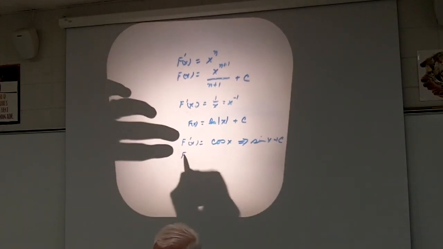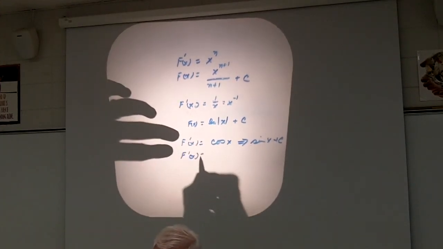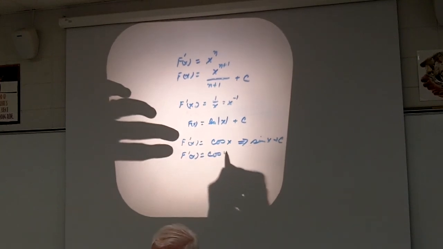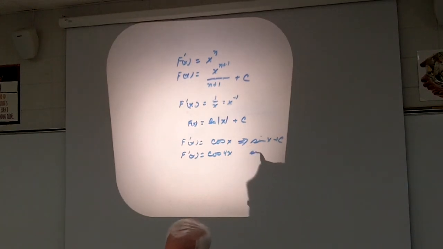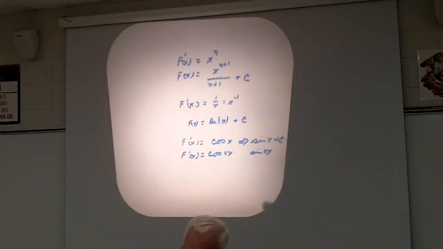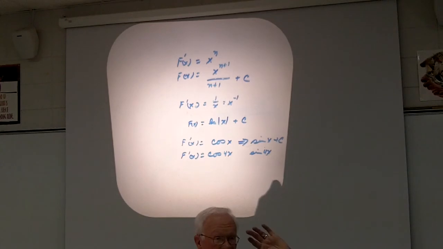Okay, let's try another one. F prime of x equals cosine of 4x. Sine of 4x, times 4, or plus 4. Now, what do I do with it? Times 4 is wrong. It's undoing your operation. Otherwise, we were multiplying by it.